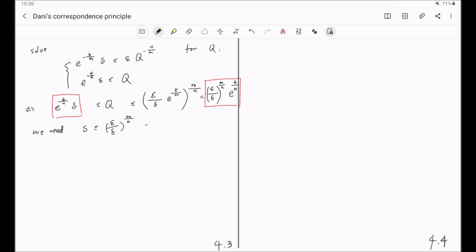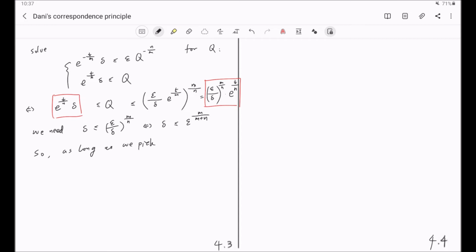And this is equivalent to saying that, what do we know about delta in this inequality? This is the same as delta being less or equal to epsilon raised to power m over m plus n if you solve this.